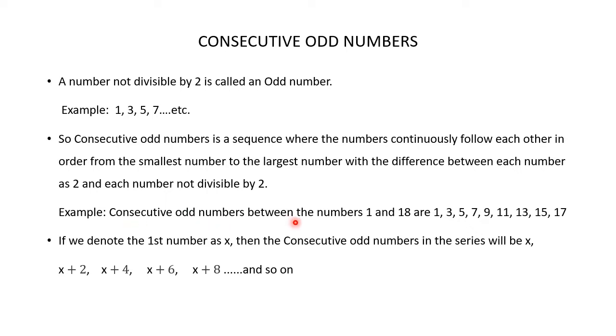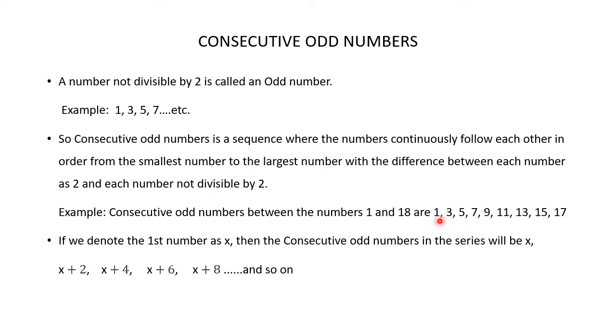Consecutive odd numbers between the numbers 1 and 18 are 1, 3, 5, 7, 9, 11, 13, 15, and 17. Here, the numbers follow each other continuously from the smallest number to the largest number.